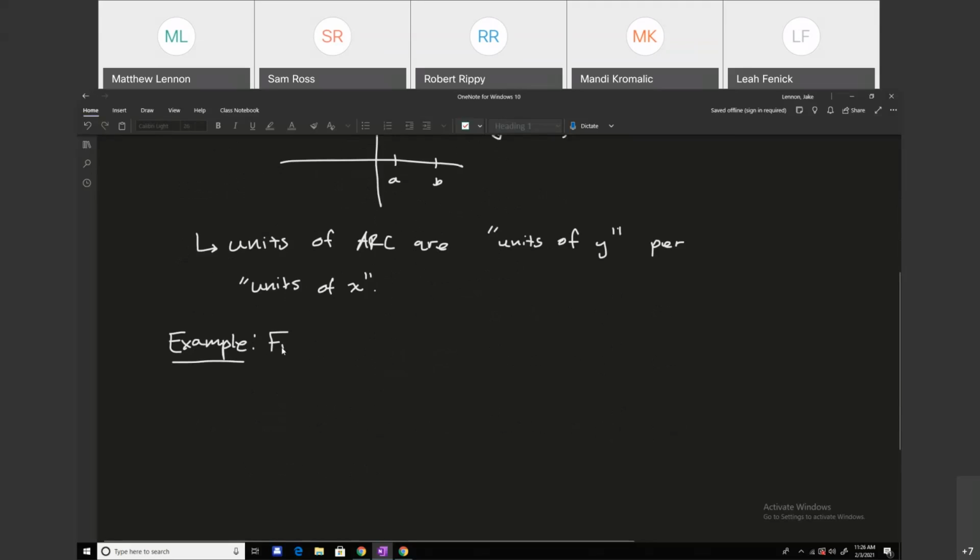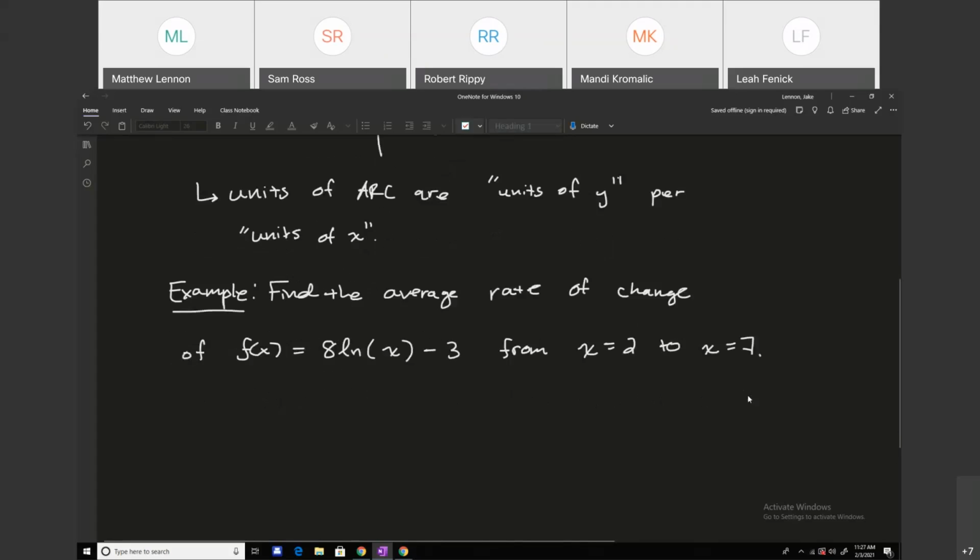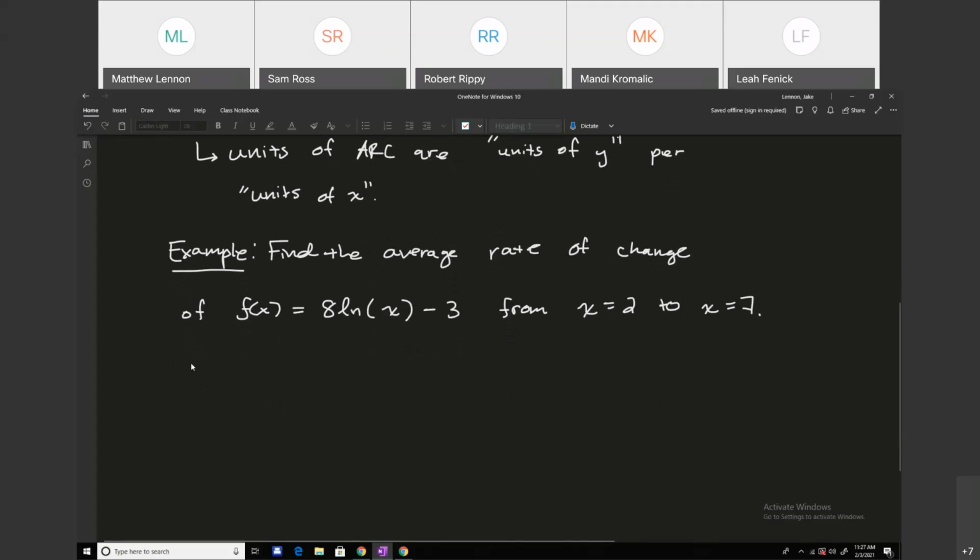So find the average rate of change of f of x equals 8 natural log of x minus 3 from x equals 2 to x equals 7. What we have to do is just find our y coordinates first.